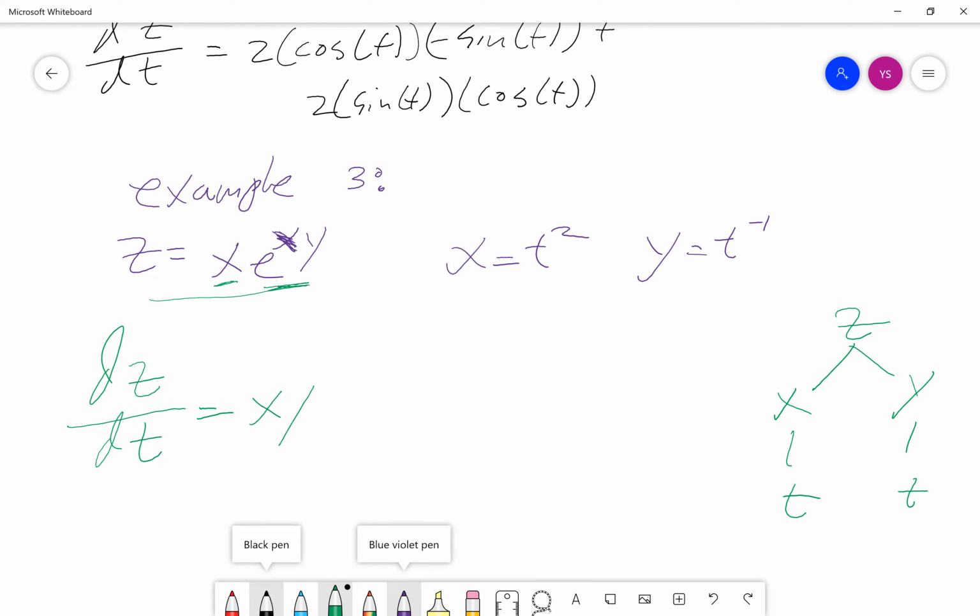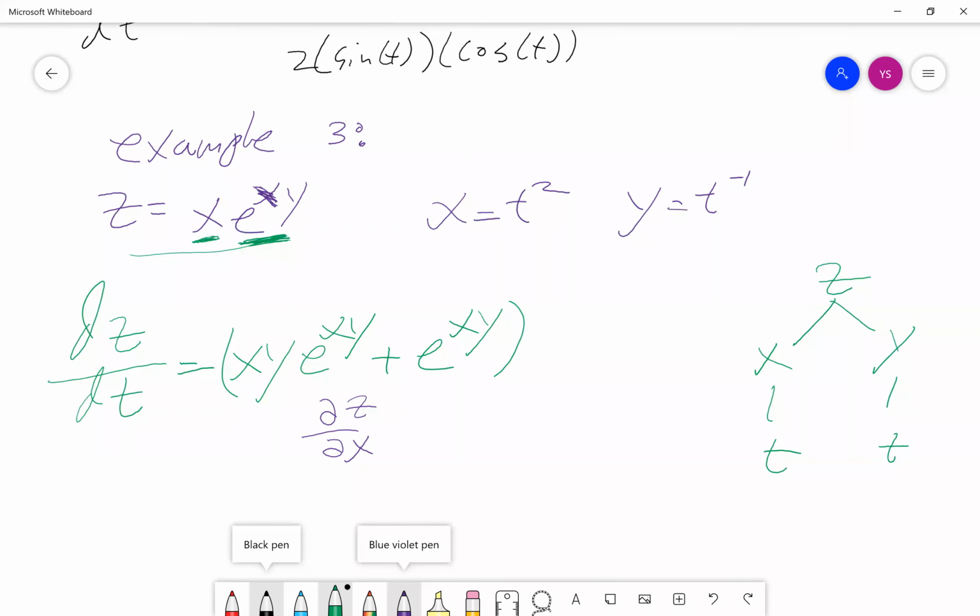So it's x times y, e to the xy, and then plus the derivative of this with respect to this, which is just e to the xy. So this is the partial of z with respect to x. And then you multiply that by the derivative of x with respect to t. So that's going to be 2t.